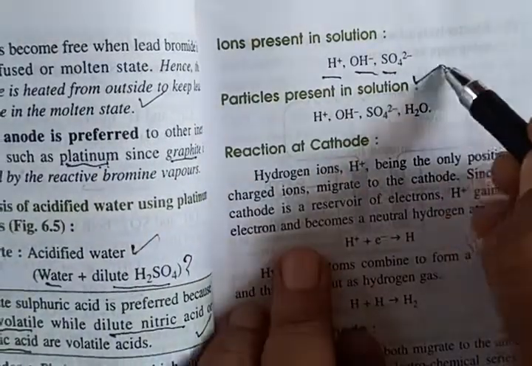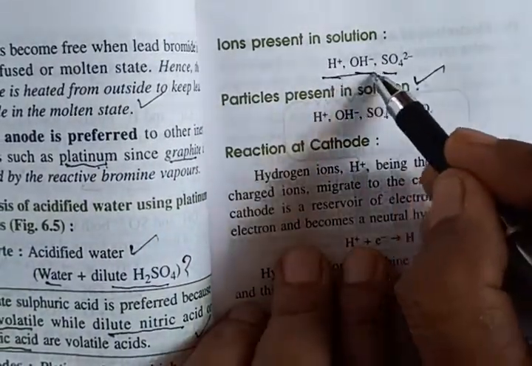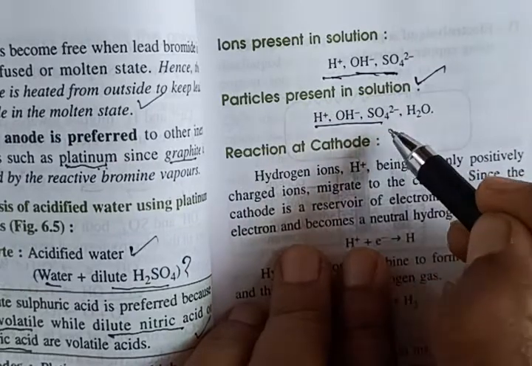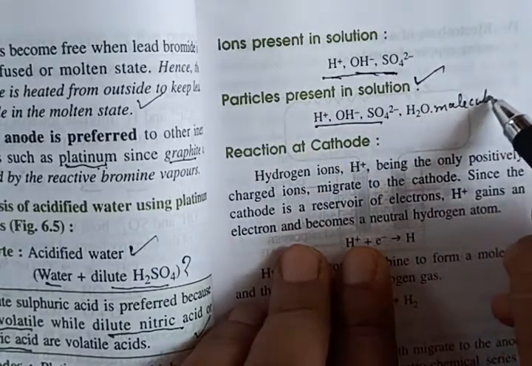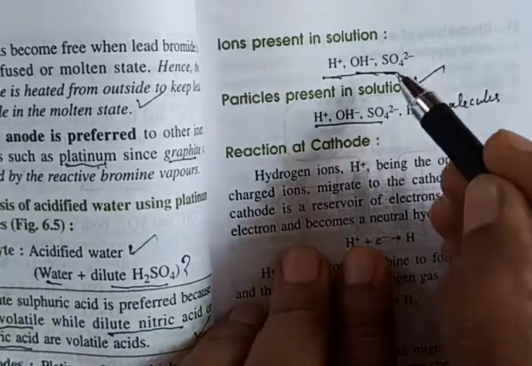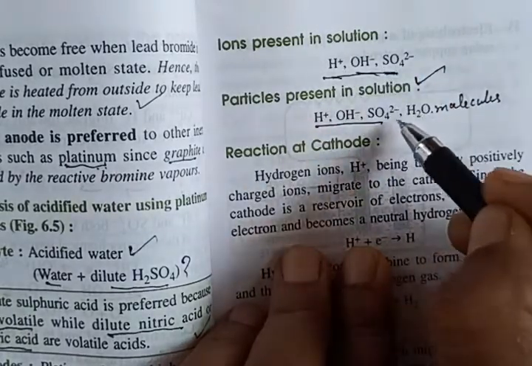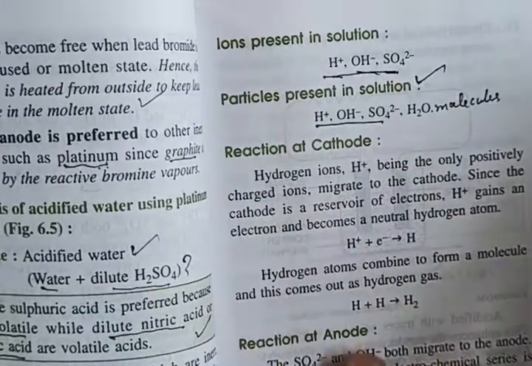What are the particles present? All 3 ions, plus water molecules. So molecules are also particles, ions are also particles, but here only ions are there, and here 1 molecule also.